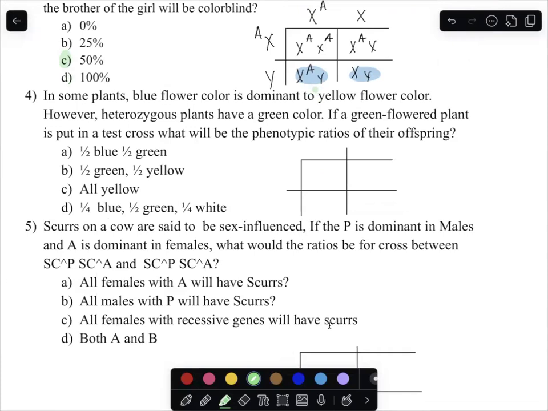So in some plants, blue flower color is dominant to yellow flower color. However, heterozygous plants have a green color. If a green flowered plant is put in a test cross, what will be the phenotypic ratio of their offspring? So we want to remember that a test cross is recessive.